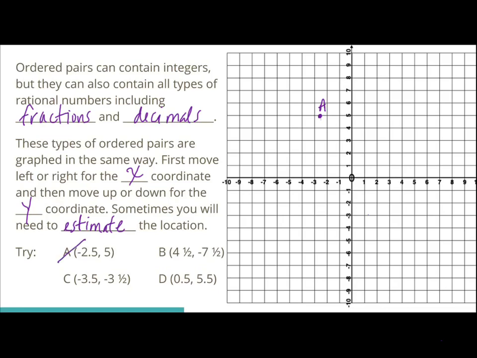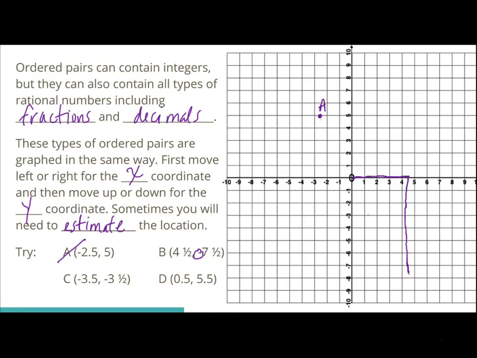So let's look at B. We need to go positive 4.5. So again, I'm going to start at the 0, and I'm going to move over to where that 4.5 would be, halfway in between the 4 and the 5. Then I need to move to negative 7.5. So I'm going to come all the way down to where that negative 7 is, and then a half is going to be in between.